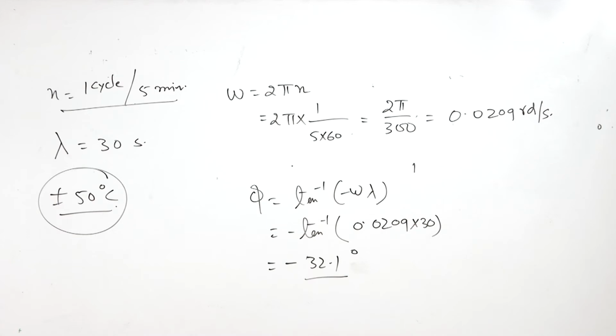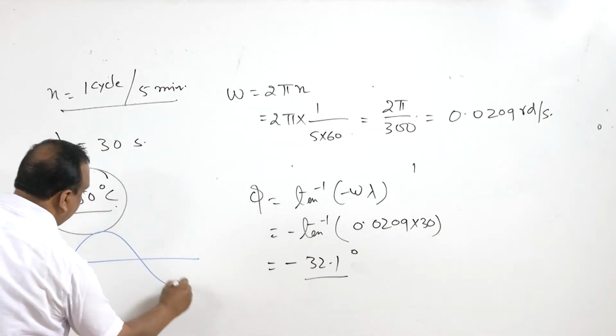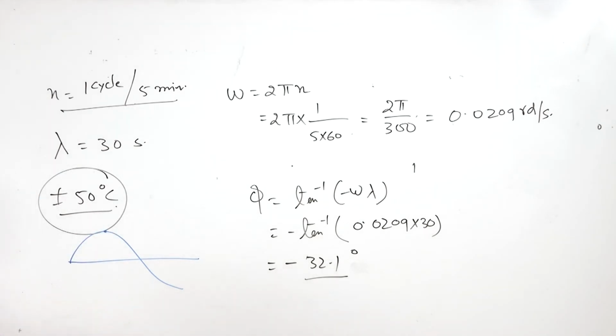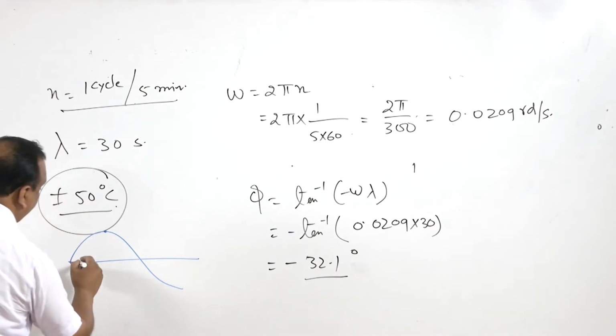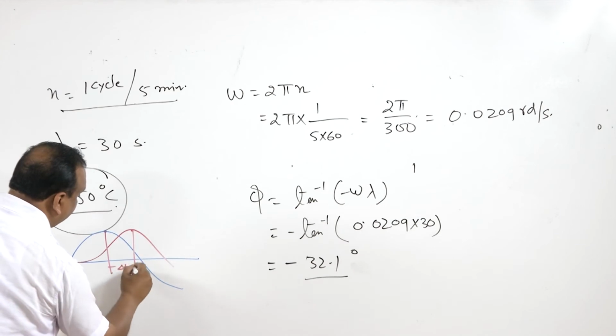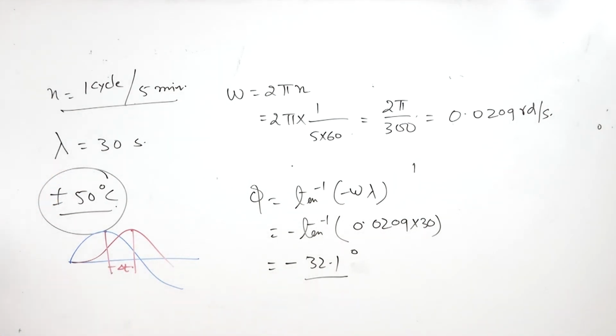Now, in this problem, it is being asked to determine the time by which the maximum reading of the thermometer lags the true maximum value. So, in a sine input, suppose this is the maximum value, but in response, we will get a different maximum, somewhere here. So there is going to be a time lag, and this time lag can be calculated once we have the phase lag.